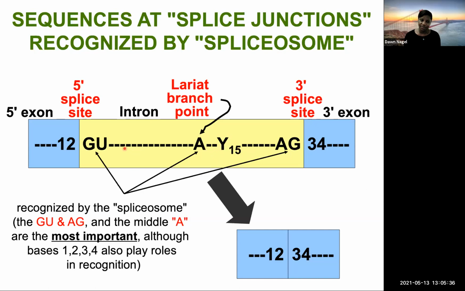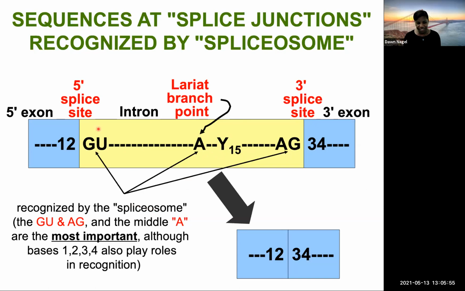So in addition to these splice sites, you need to have this A present within the center, and this A is usually referred to as a branch point. It's absolutely important for the splicing machinery as well.